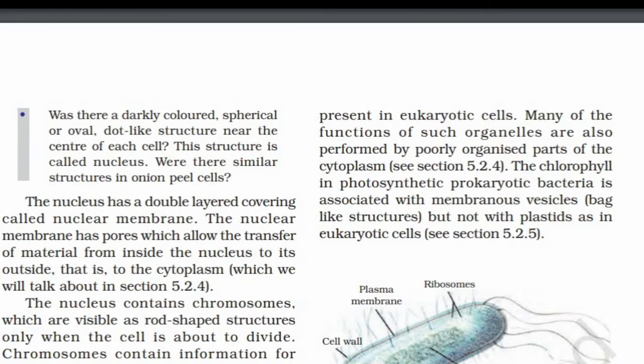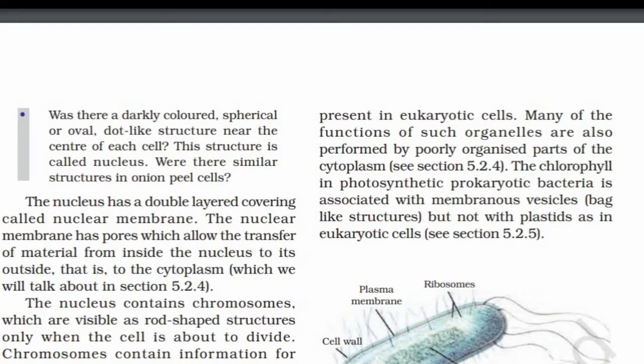When we observe the substance from the inside surface of our cheek, we are observing the cells from the human body. We are now studying a new part of the cell, the darkly colored spherical or oval dot-like structure near the center of each cell. This structure is called nucleus.